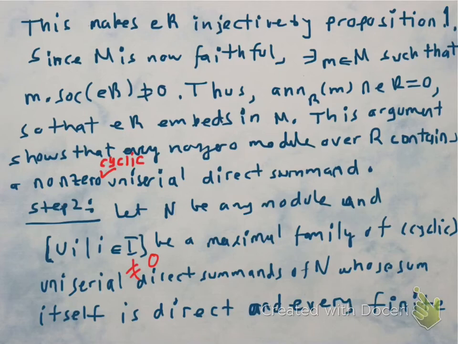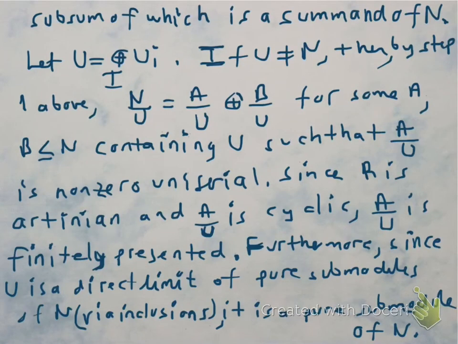It means that any finite subsum of these UIs is a direct summand of M. And furthermore, these UIs are uniserial, cyclic, and non-zero. So you can choose by Zorn's lemma a maximal such family and take the direct sum of it, call it U.